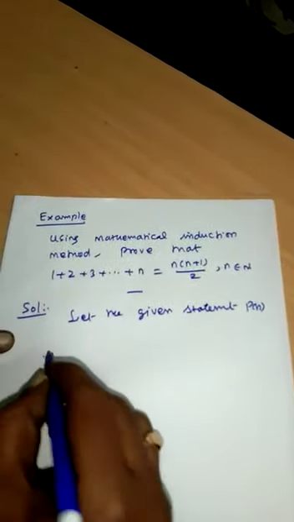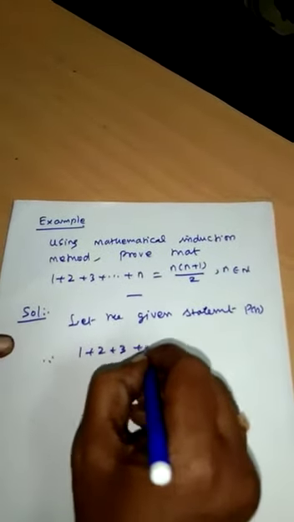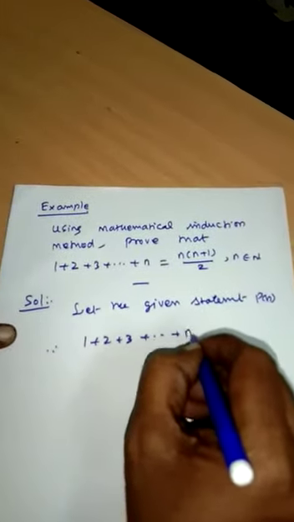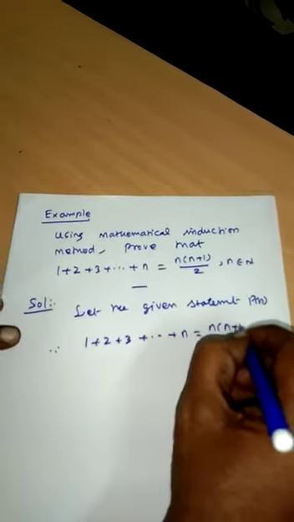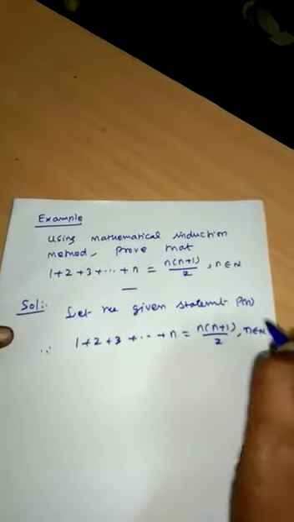Therefore Pn is 1 plus 2 plus 3 plus dash dash dash plus n is equal to n into n plus 1 by 2 for all n is an element of capital N.